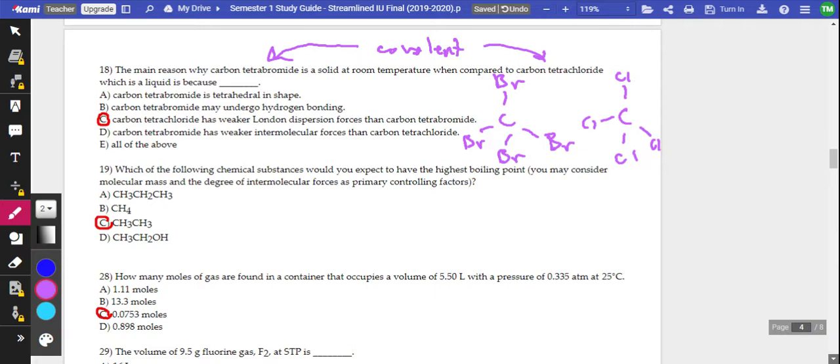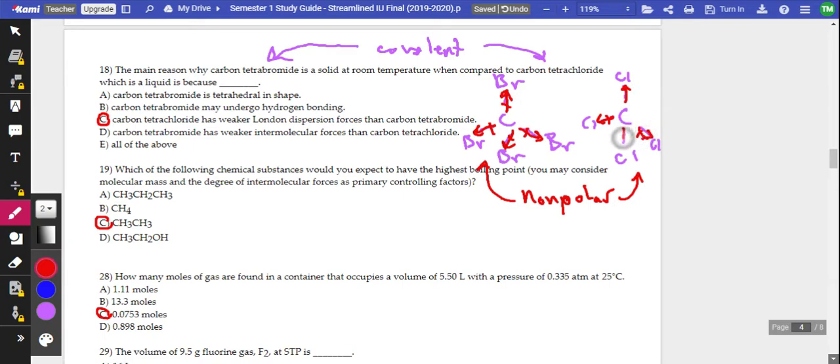Now, both of these are nonpolar. Because even though these bonds are polarized towards our bonded atoms, our halogens, the bromine or the chlorine, our column 17 guys are always, well, mostly very electronegative.